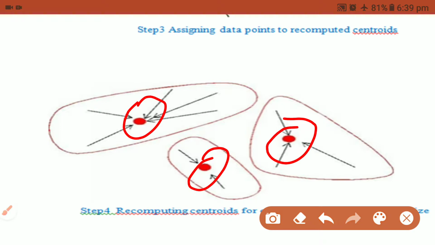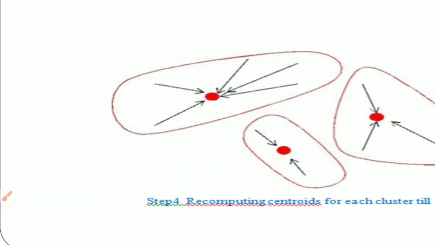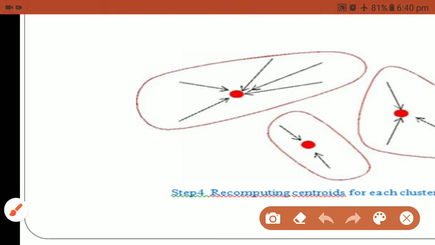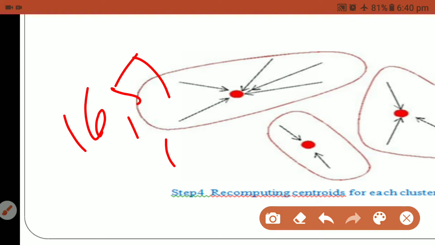The first one will have 6 5 and 4 5, producing one data point cluster.